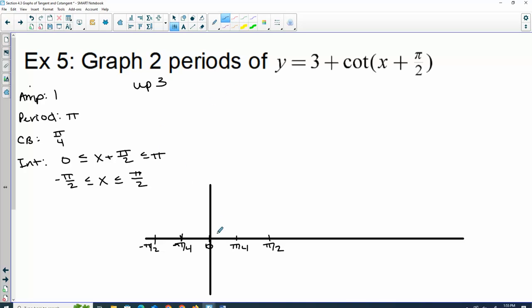We are moving up 3, so we can go to positive 3 and draw in a dashed line for the center. And my amplitude is 1, so we'll just be going 1 above and below that line. So we pick this interval so that we know both ends would be asymptotes.